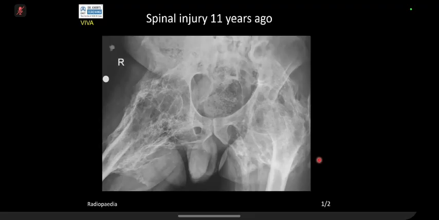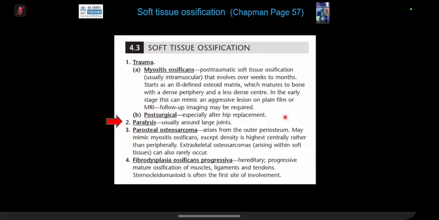This patient is paralyzed, and you remember the differential which I just showed you. So this is ossification, it's not calcification. You can see bone trabeculae like this. So this is a classical exam case, from paralysis.